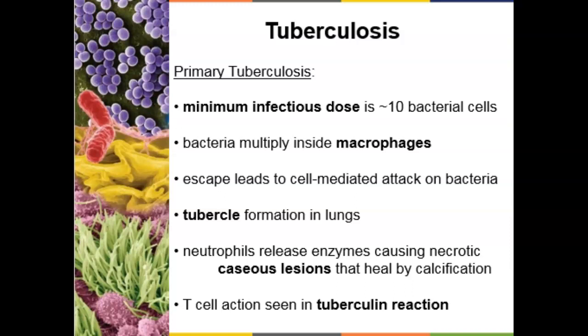And because there is that T cell activation, when you have a skin TB test, you have to have the small amount of the antigen injected under your skin, and then go back to have that checked 48 to 72 hours later to look for a reaction. The reason you have to wait for that reaction is because the immune response to TB is actually directed by the T cells, right? This cell-mediated attack method.